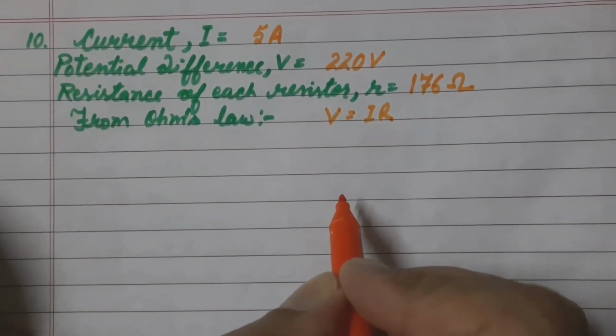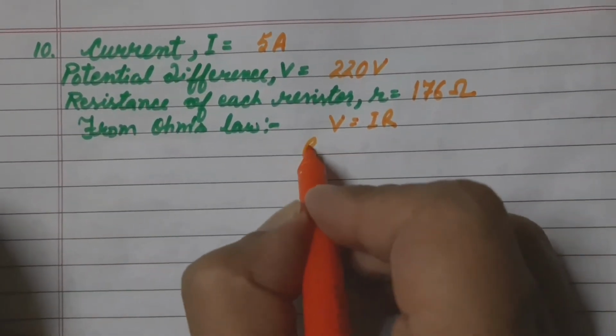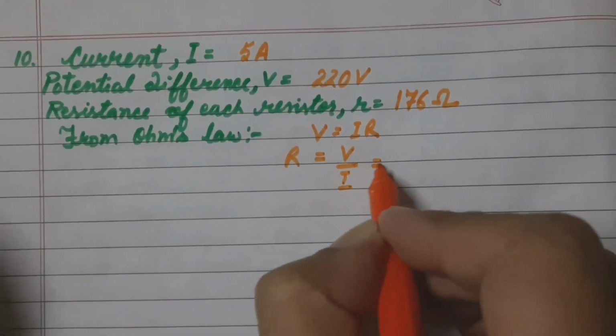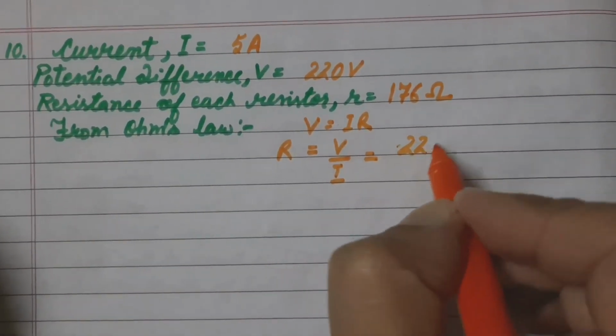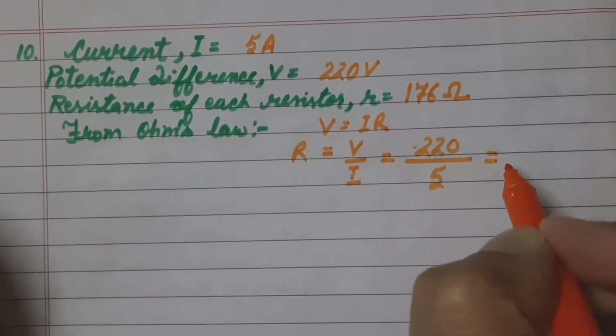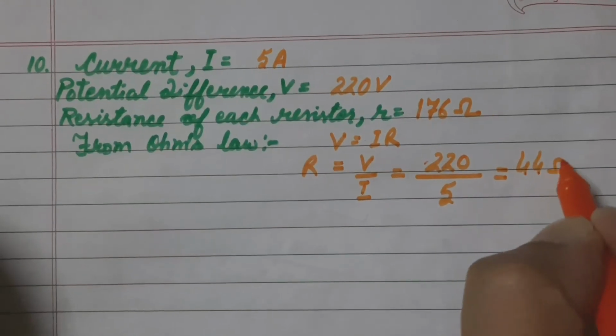First of all, we will calculate R, resistance of the combination. R is equal to V upon I, 220 upon 5, and it will be 44 ohm.